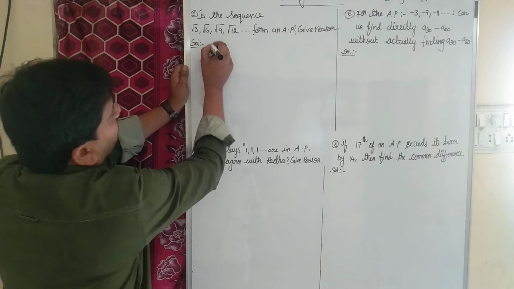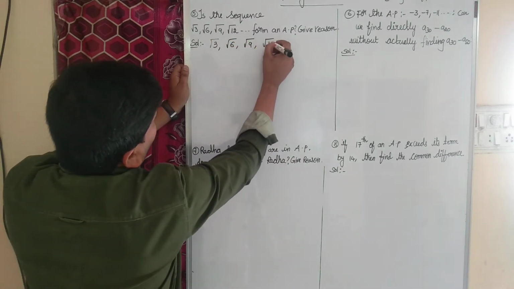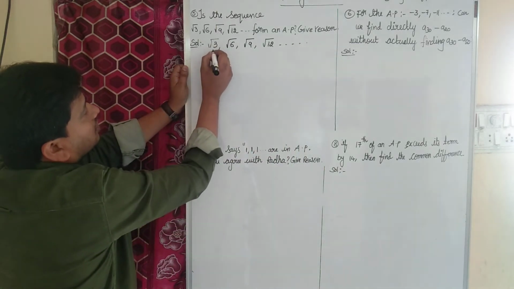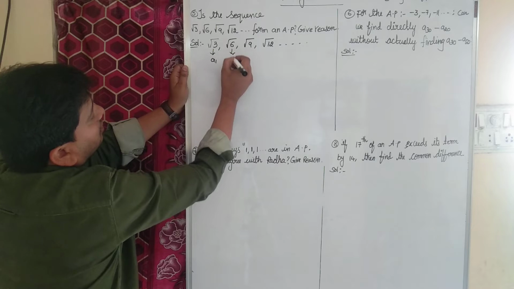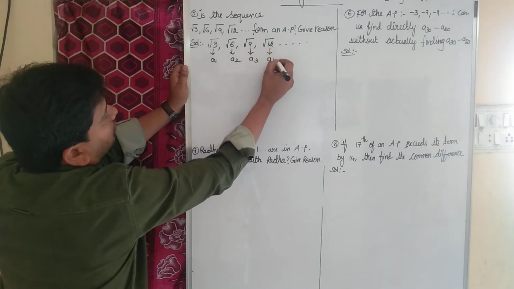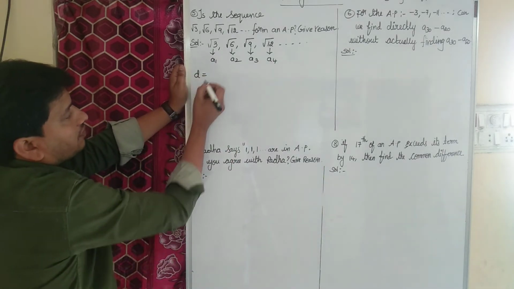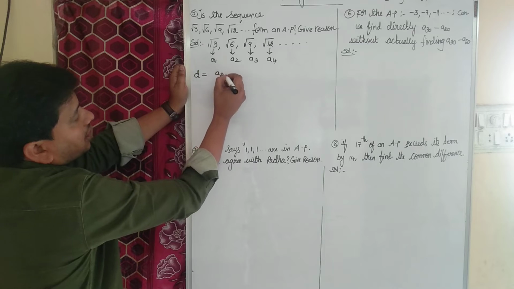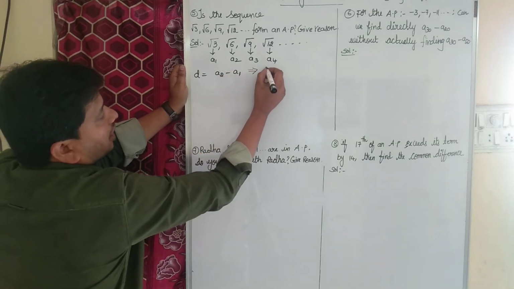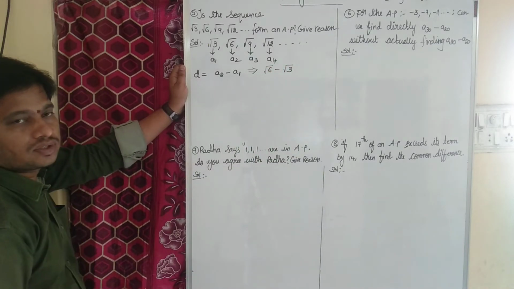So the given sequence is root 3, root 6, root 9, root 12 and so on, right? So this is our A1, second term A2, third term A3, fourth term A4. As we have to find common difference D, that is A2 minus A1, which implies A2 is root 6 minus A1 which is root 3, right?